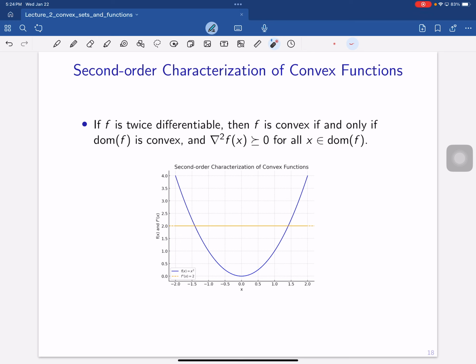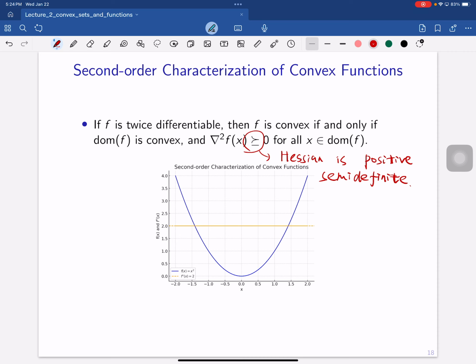Here, if f is twice differentiable, like a quadratic function, and here I'm plotting a quadratic function, then the necessary and sufficient condition for f being convex is that the Hessian of this function is positive semi-definite.